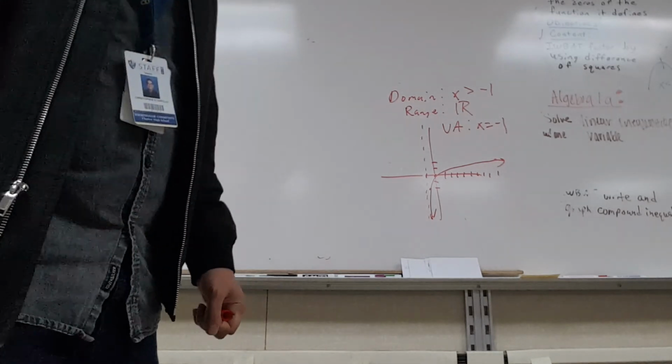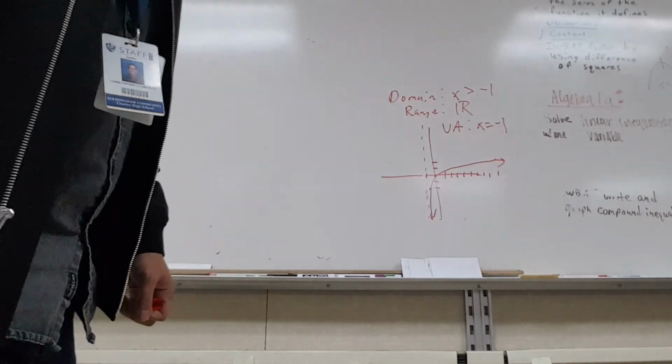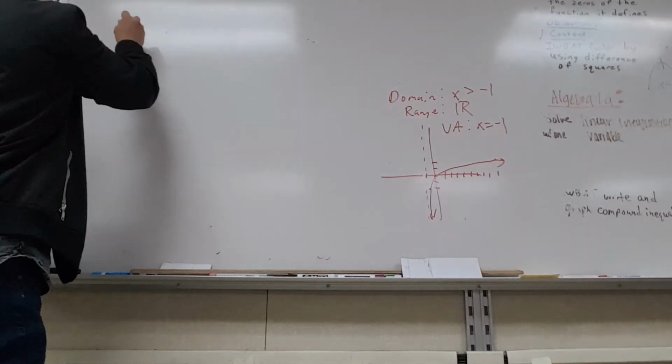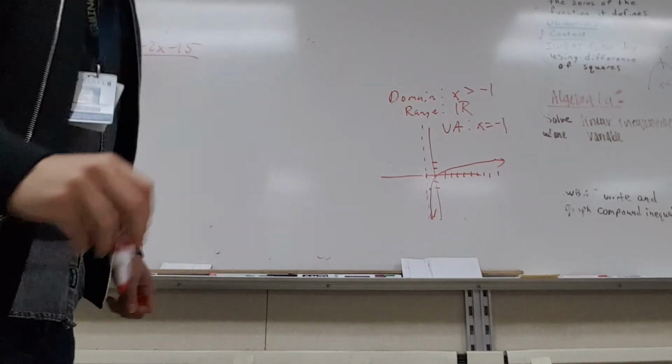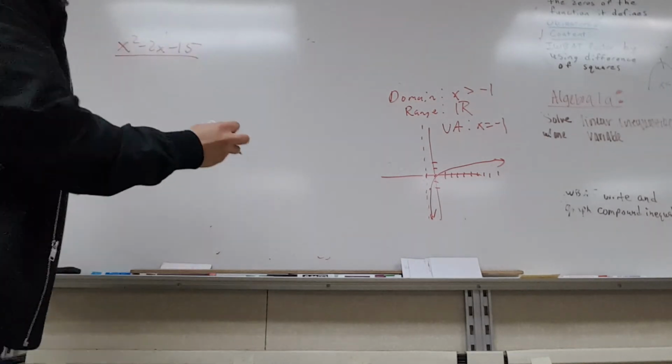Okay, let's say I want to graph x squared minus 2x minus 15 over x squared plus 6x plus 9.